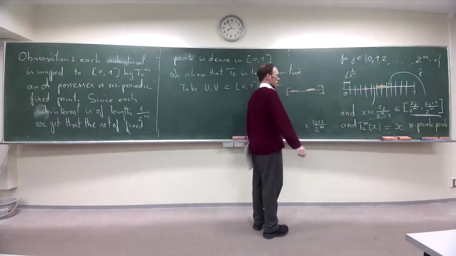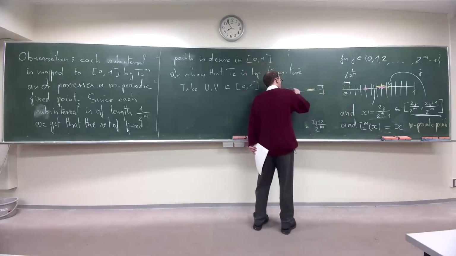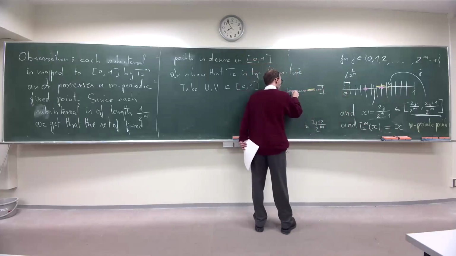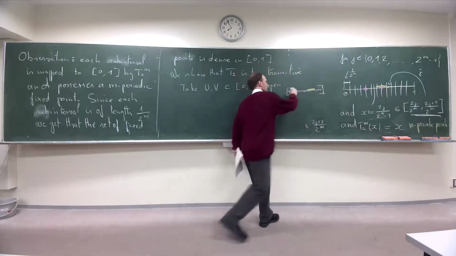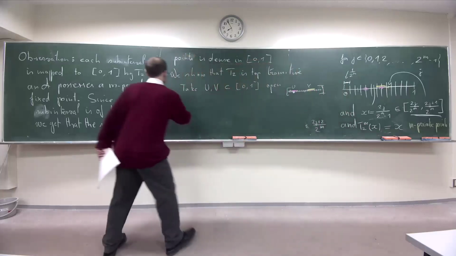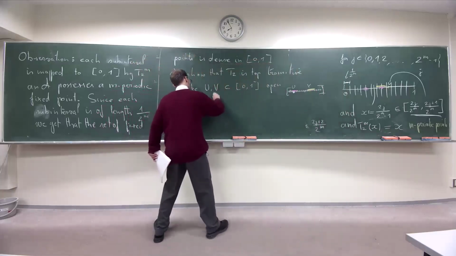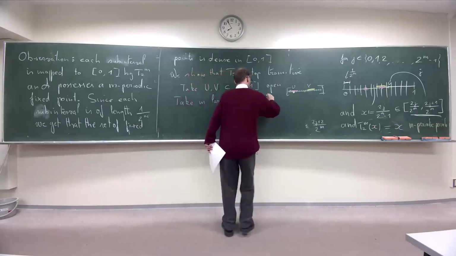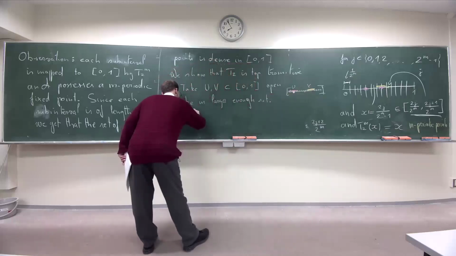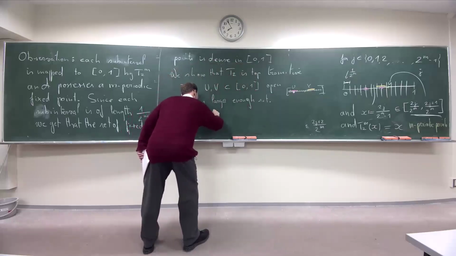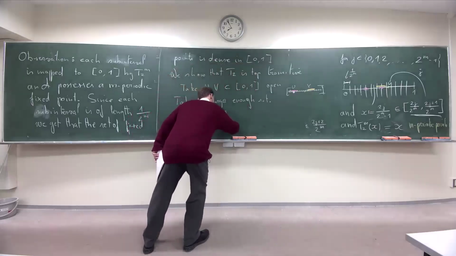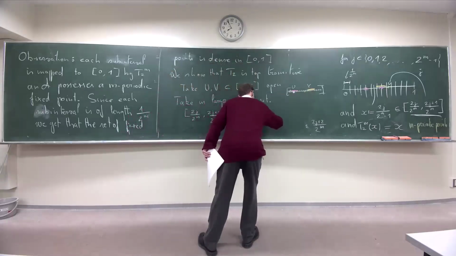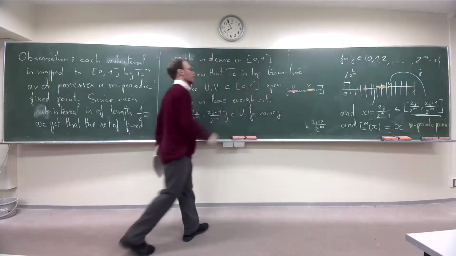Now I take my construction here, and I take m big enough, so that we have one small interval in U, and one in V. So I take m large enough so that this small interval, 2j over 2 power m, 2j plus 1 over 2 power m, is inside U for some j. One of them is inside.